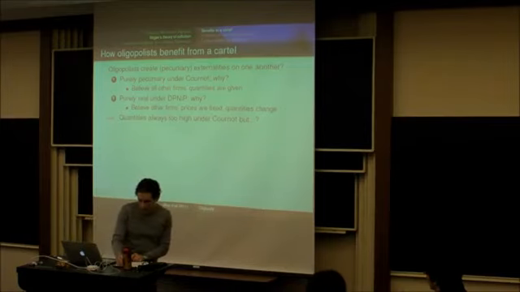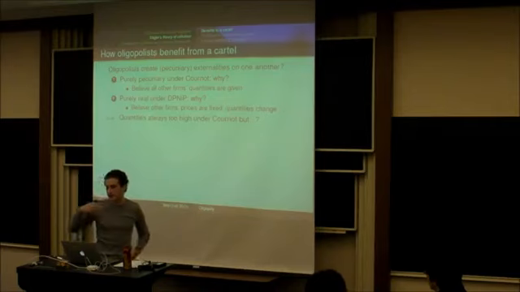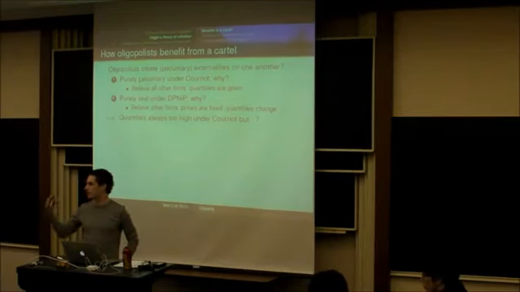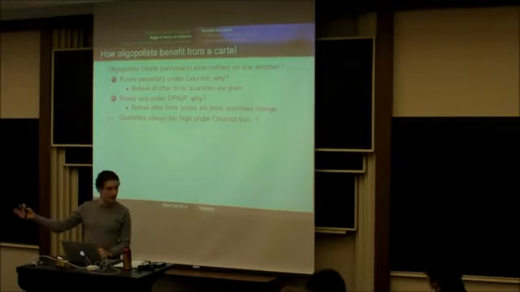Well, they create a negative externality on other firms when they lower their price, right? They create a positive externality for consumers, but they create a negative externality for other firms, right?